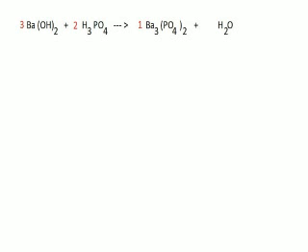So having balanced the 3 bariums on each side and balanced the 2 phosphates on each side, we now have to account for the hydrogens. In the barium hydroxide, there are 6 hydrogens, 2 in each of the 3 barium hydroxides. There are 6 hydrogens in the 2 phosphoric acids.